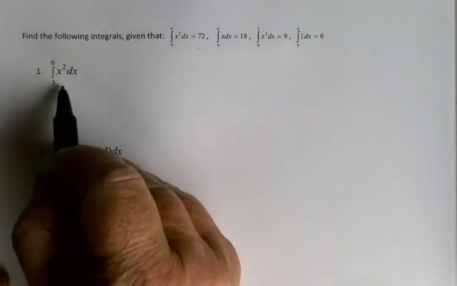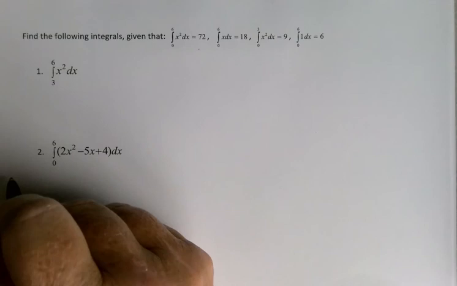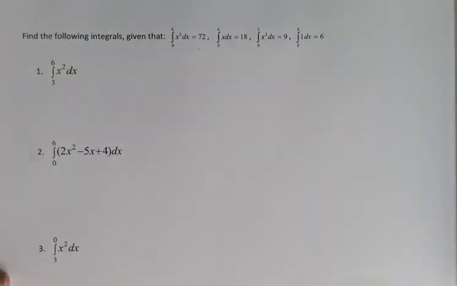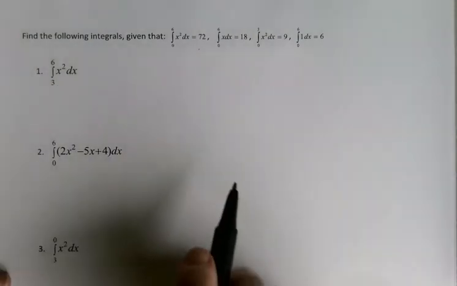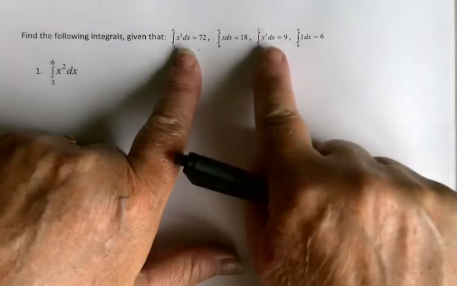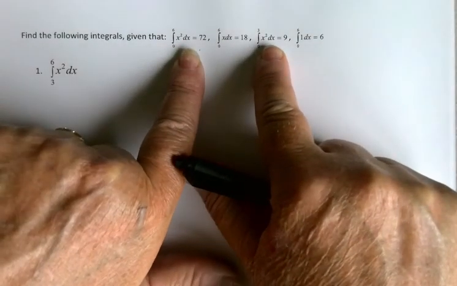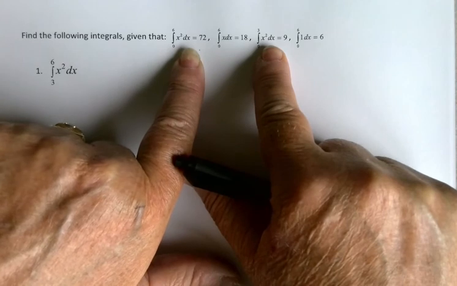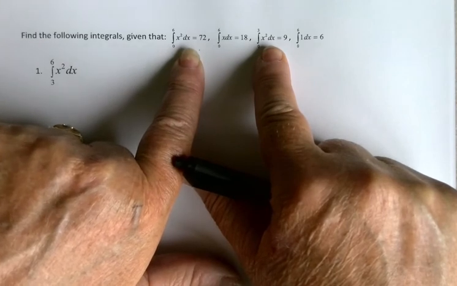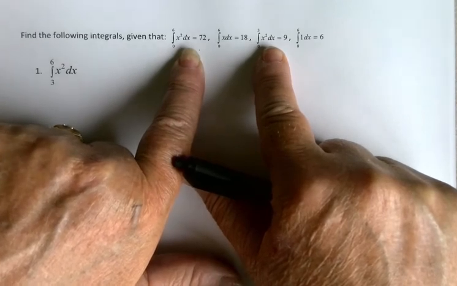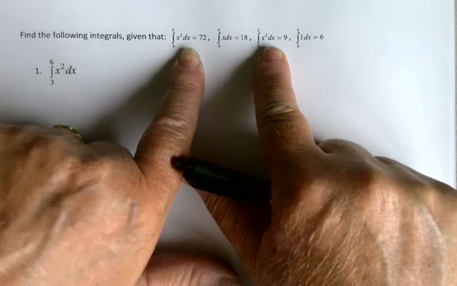So for starters, I want the integral from 3 to 6 of x squared dx. Now I'm going to notice that I do have 2 pieces of information about the integral of x squared dx. I know the integral from 0 to 6, and I know the integral from 0 to 3.